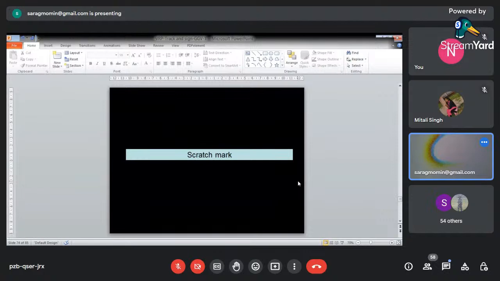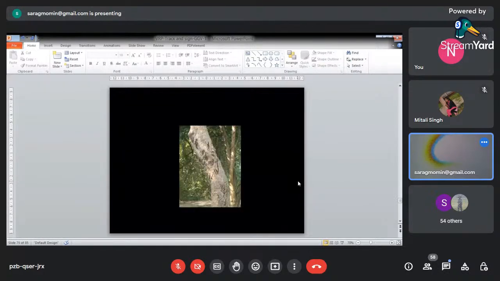Scratch mark. Look at this scratch mark on the tree. If you find such scratch marks, you have to check two things: the height from the ground, then the breadth of the scratch mark.